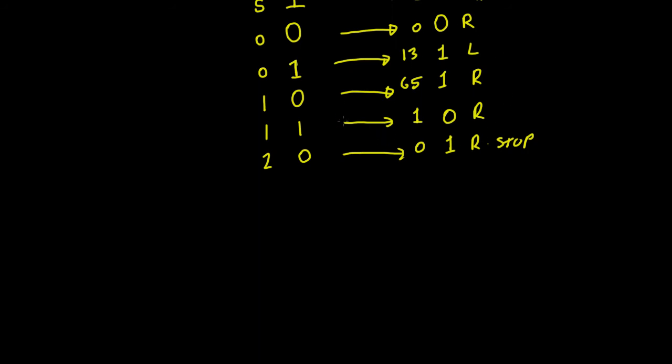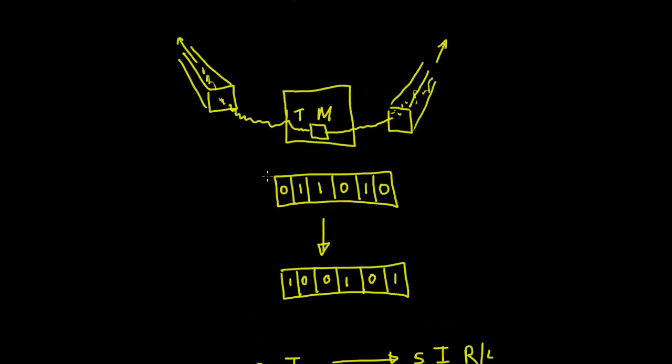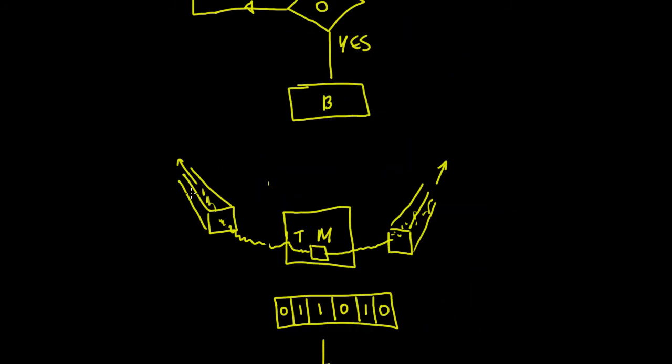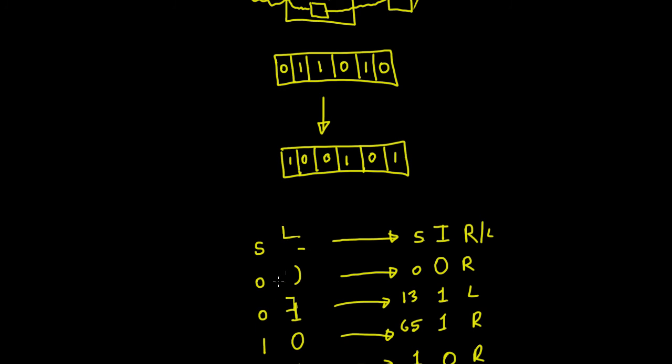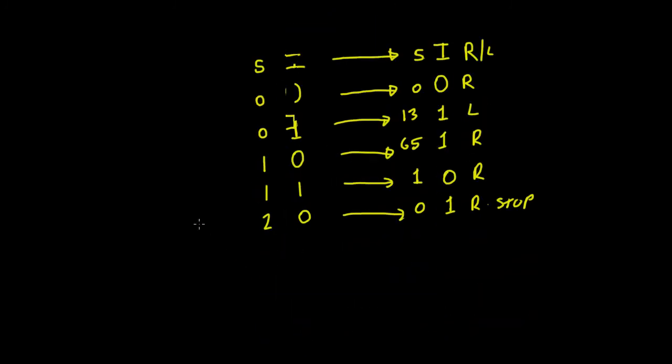So not only the data, but also the algorithm will be on this tape. So the question would be, how does this machine know whether it's acting on an instruction or if it's acting on an input?